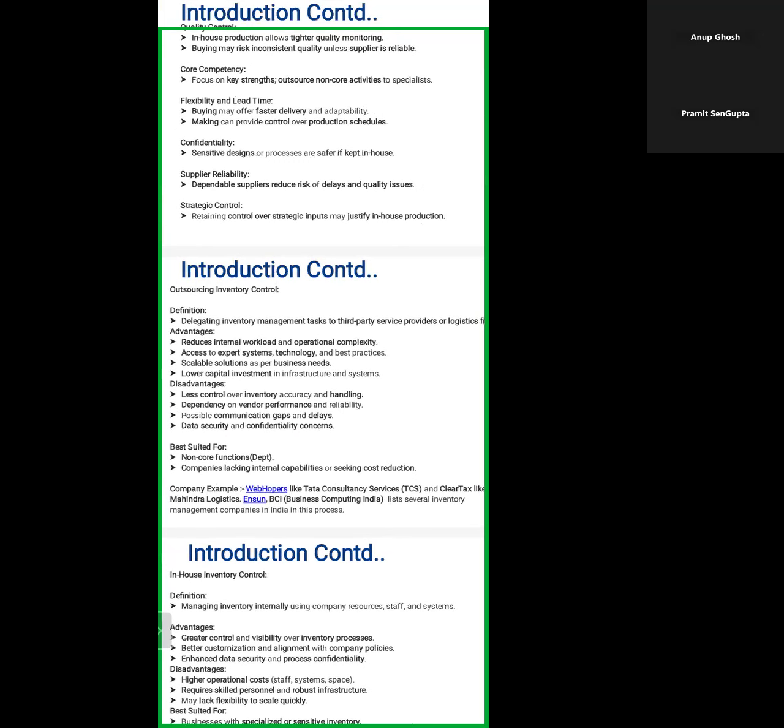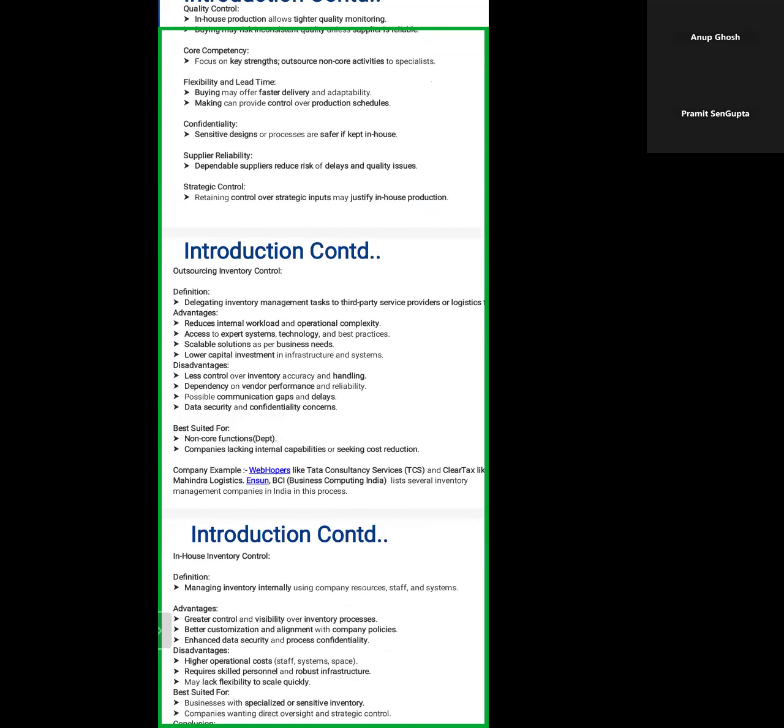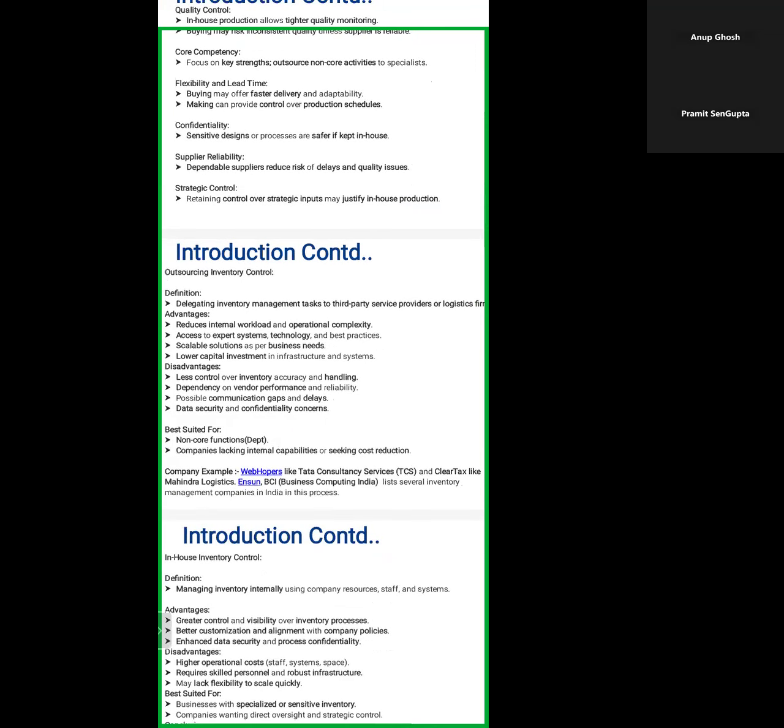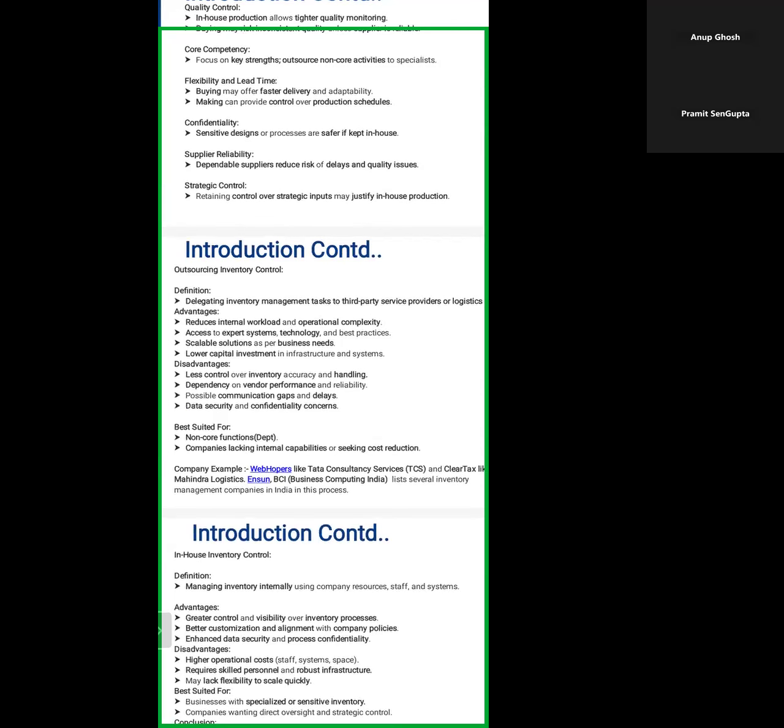For example, we can share, it's mentioned in the slide also, names like TCS, ClearTax, Mahindra Logistics. There are some primary examples through which companies are managing their production entirely depending upon third-party service providers or logistics providers. Let us discuss the advantages and the negative side of this.